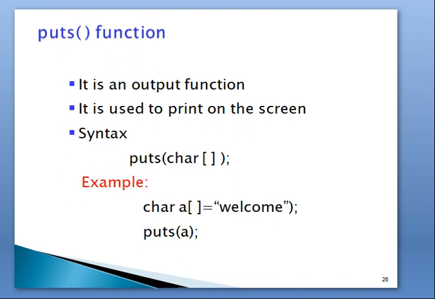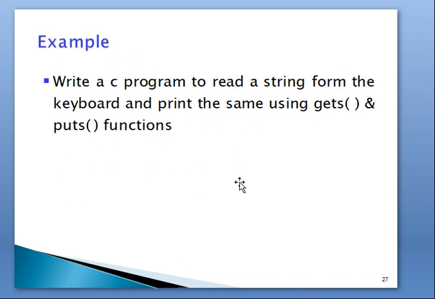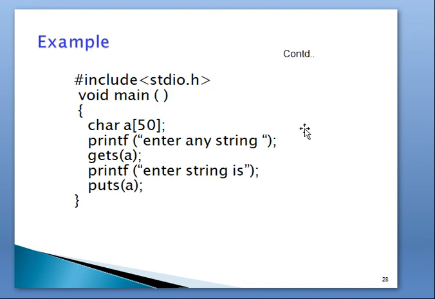So we will see one example. Write a C program to read a string from the keyboard and print the same using gets and puts functions. We will see that program. #include <stdio.h>.